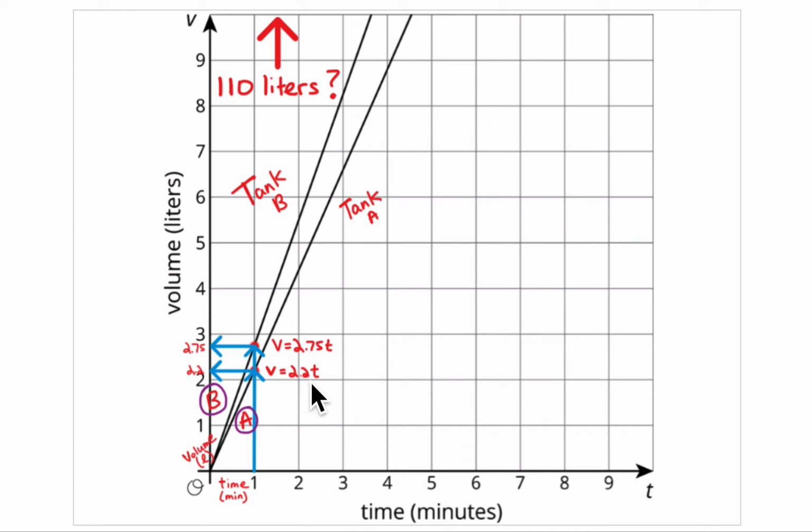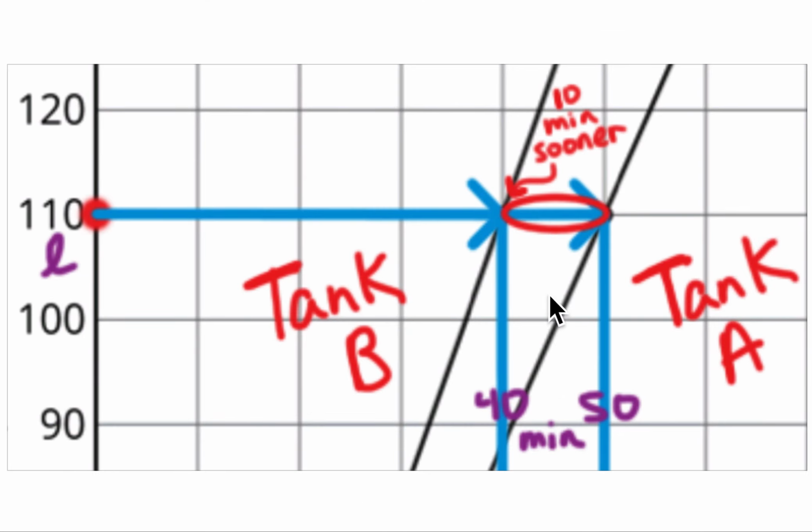That's 22 liters. So in 10 minutes it's going to fill another 22 liters, and end up at 110 liters total. So the equal amount of volume takes 10 minutes longer for tank A because it's filling slower, at a rate of 2 2/10 liters every minute, whereas tank B is filling at a rate of 2 7/5 liters every minute.